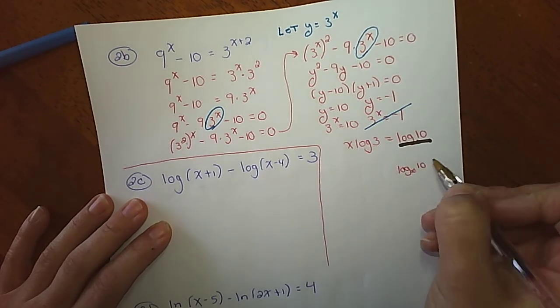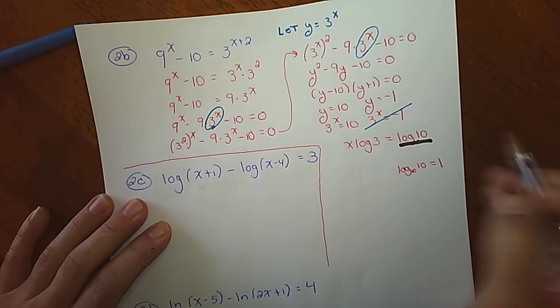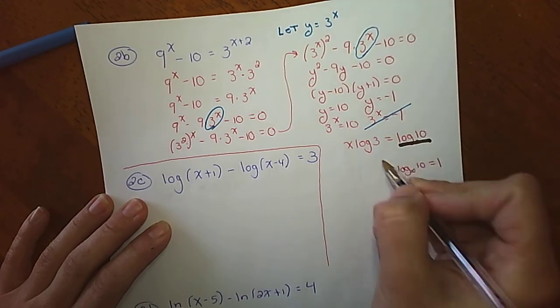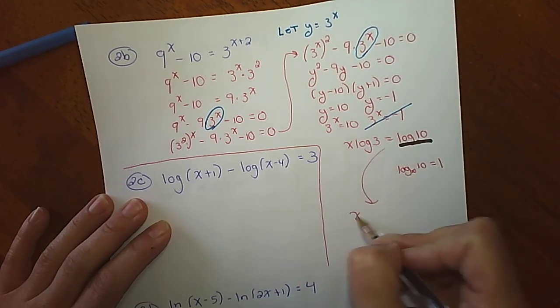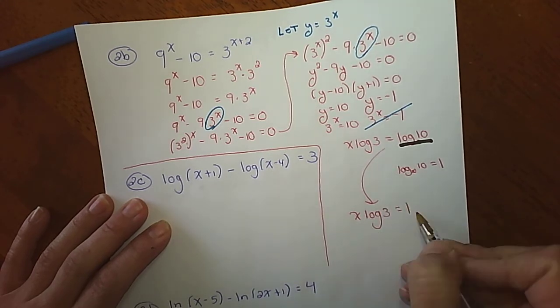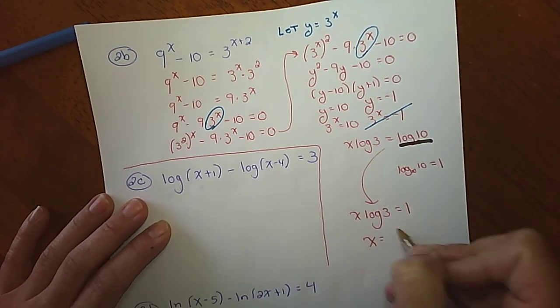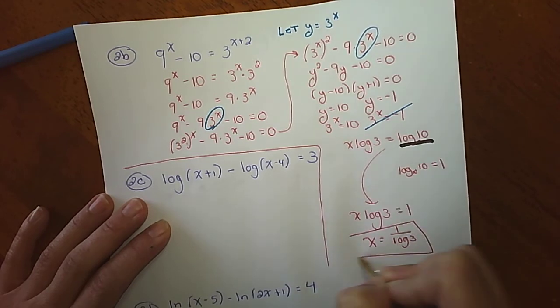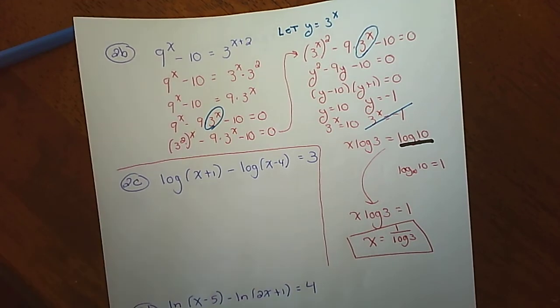Anytime the base and the number match, that's the number 1. So this is a 1. So I have x log 3 equals 1. I'm going to divide both sides by log 3. And there you go. So that was a nasty little question, but very doable and one worth seeing.